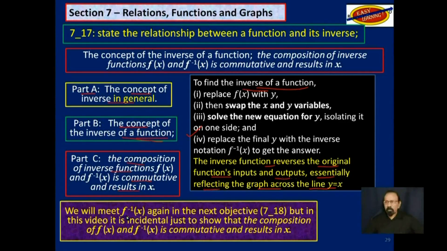We will meet inverse f of x again in the next objective, objective 18. But in this video, it is incidental, just to show that the composition of f of x and inverse f of x is commutative and results in x.